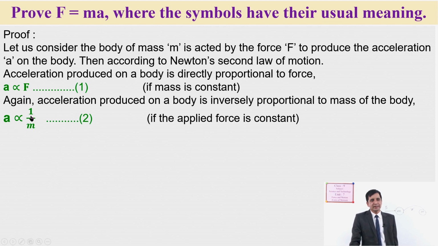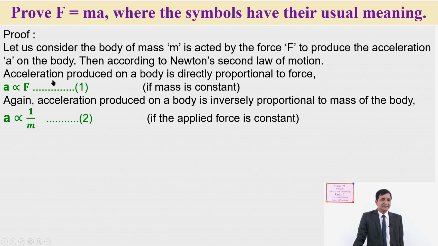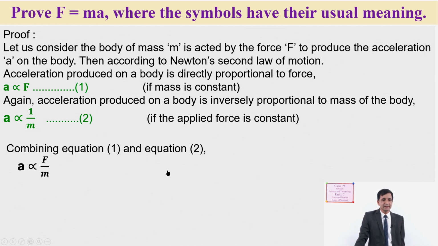Now these two expressions, look once, what is there in the left side of this equation? There is only a. So we can combine these relations. Keep in mind that we are not going to multiply these relationships, we just combine them. So instead of writing these two equations separately, we can combine them, and this gives the expression in the form: acceleration is proportional to F by m.